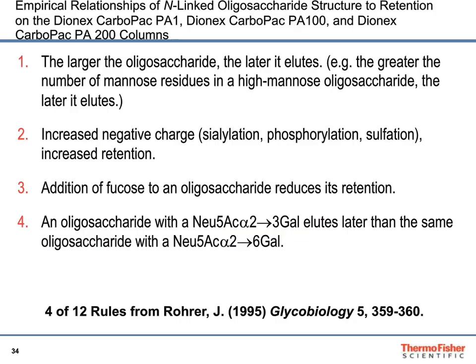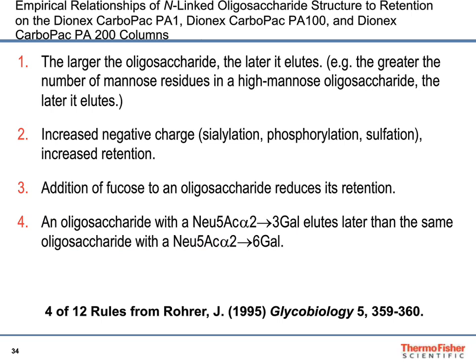So one of the questions I often get is, how do you figure out how things elute? How do you rationalize a separation? A number of years back, almost 20 years ago, I put together 12 empirical rules that was published in Glycobiology as an open letter. And what it talked about is how you could rationalize separations on CarboPac columns.